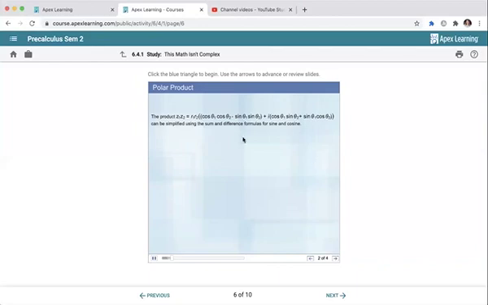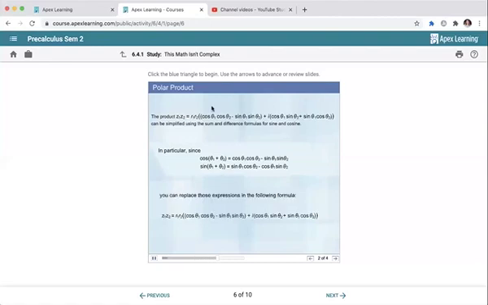Then we can simplify it down using our understanding of our trig functions. If we have cosine of theta, so we've got theta 1 plus theta 2, that is equal to our expression right here of cosine minus sine.